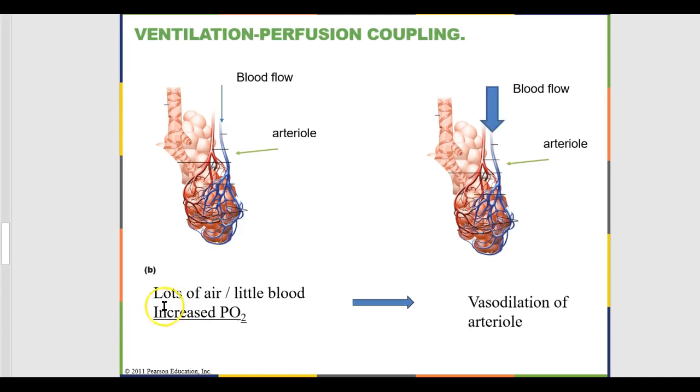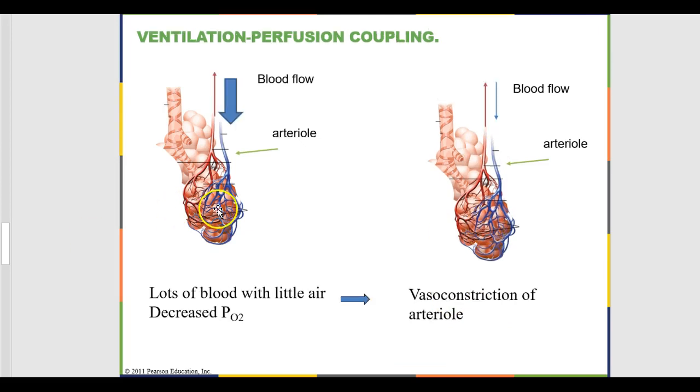Let's go with this one first, right? More ventilation, lots of air, means increased partial pressure due to oxygen. This is what the smooth muscle in this arteriole is actually measuring. It has chemosensors that can sense oxygen levels, or partial pressure due to oxygen. So high PO2 means vasodilation, send more blood to the alveoli that have more oxygen.